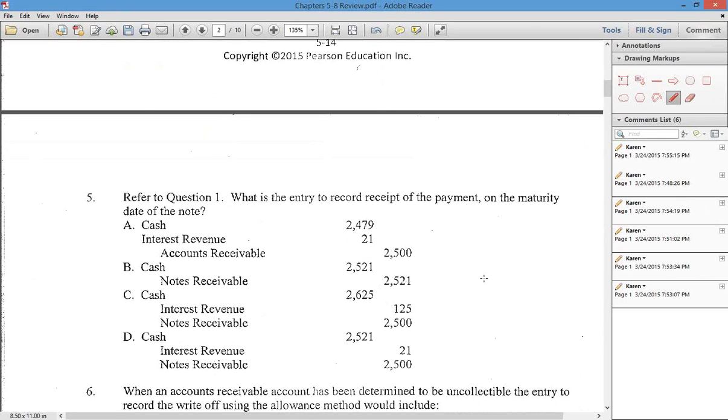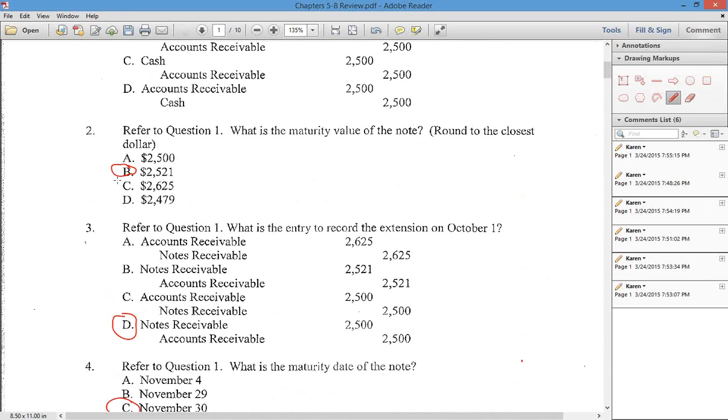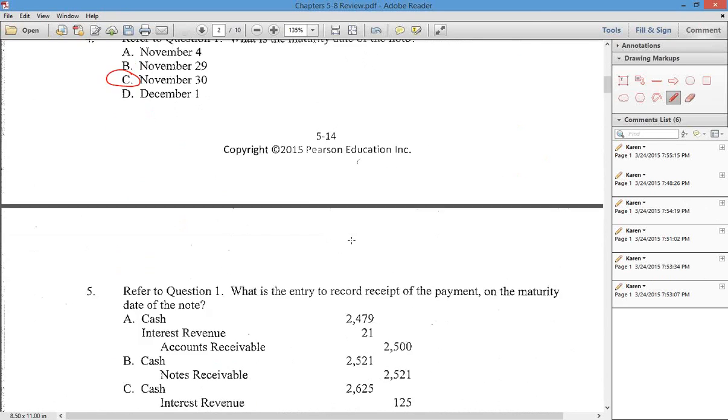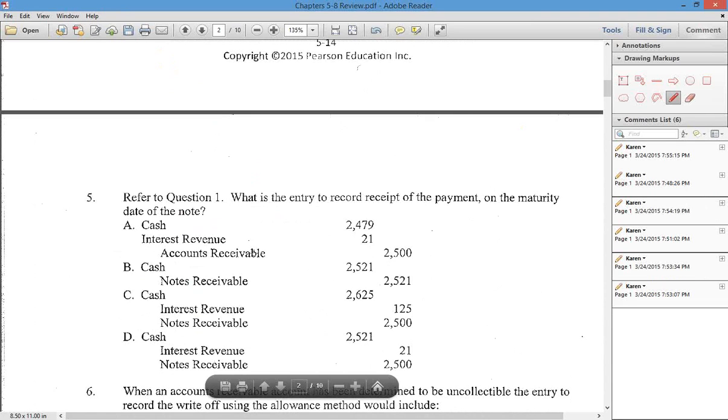Okay, on this one, we already calculated the maturity value of the note. Remember, we went back and calculated the maturity value of the note up here, and we determined that to be 2521. So if that's the maturity value of the note, then that's how much cash the company's going to get. So B says they get that much cash, and D says they get that much cash. What else happens? Didn't we calculate the interest revenue to be $21?